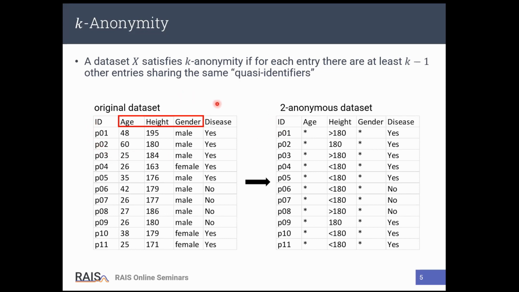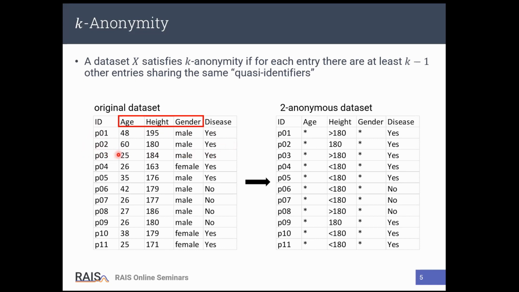For example, in this case, let's say that we know a user that is in this data set, called Bob. We know that Bob is 60 years old, approximately 180 centimeters tall, and that he is a male. If we disclose this data set with just the names removed, we are still able to see that the only entry satisfying these attributes is PO2.